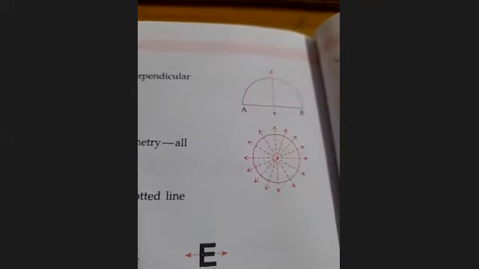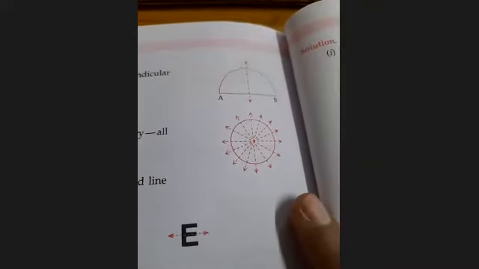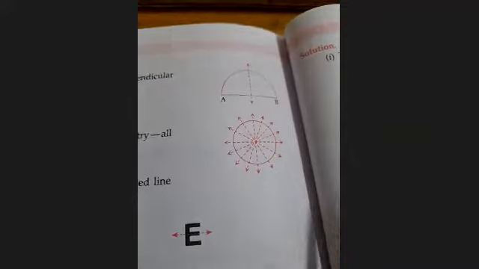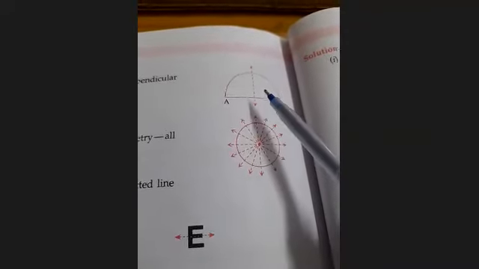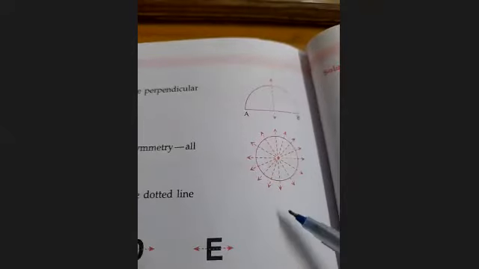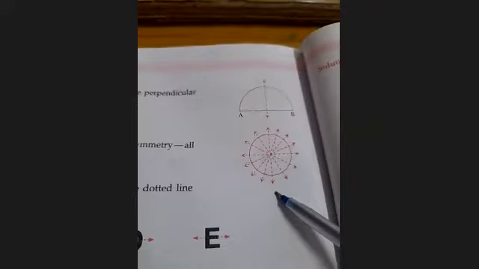In other words, each diameter is a line of symmetry of a circle. So a semicircle has only 1 line of symmetry, and a circle has unlimited lines of symmetry.